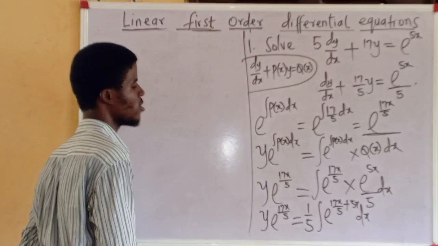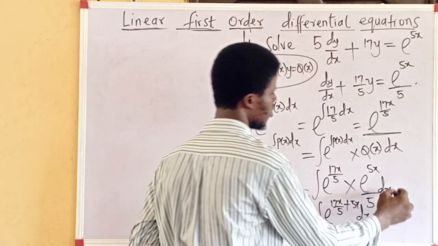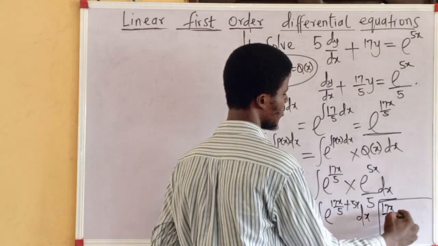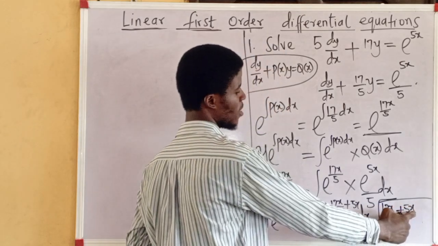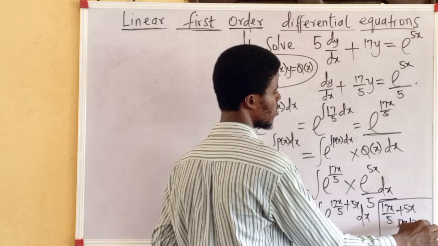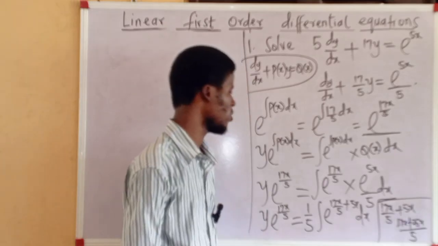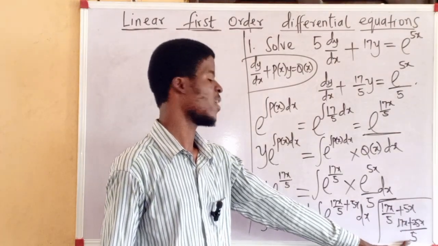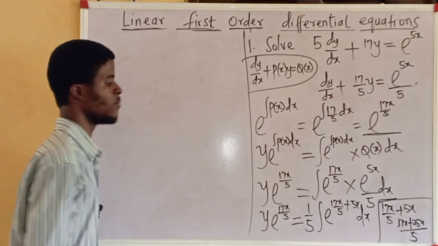So what is 17x over 5 plus 5x? 5 times 5 is 25, so that will be 17x plus 25x all over 5. 17x plus 25x is 42x, divided by 5, that is 42x over 5.